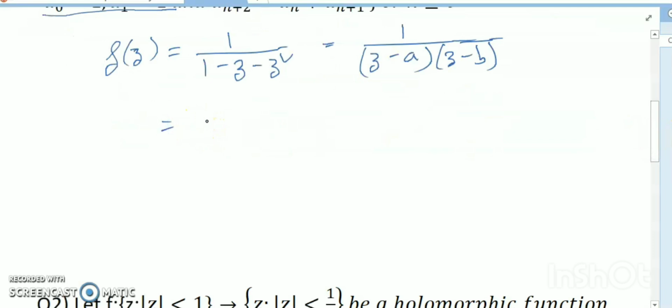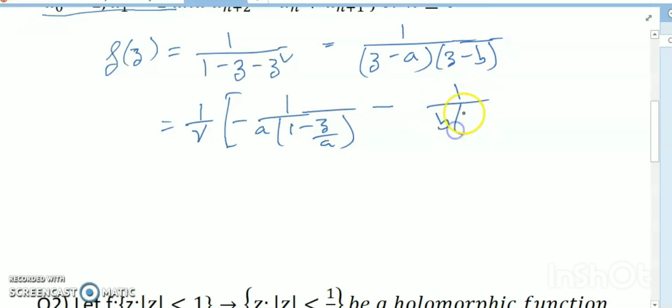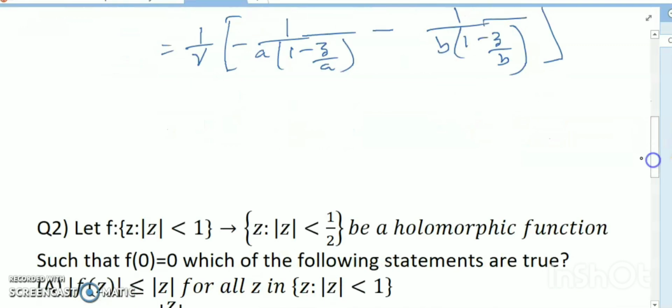So I can write this way, that it can be written with a - b equal to, suppose, gamma. So I can write this way, minus 1/a (1 - z/a) minus 1/b (1 - z/b). Okay, so this way I can write.